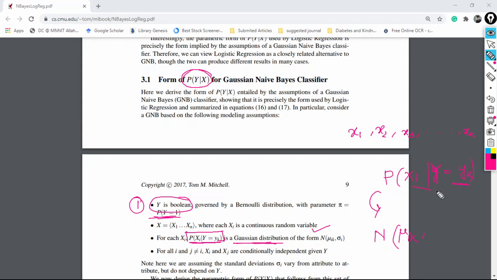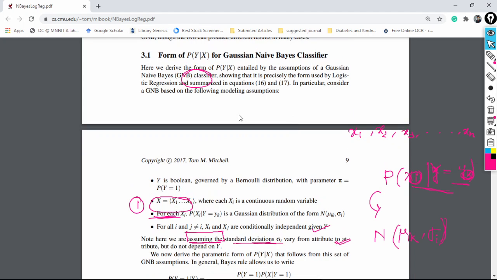So for the ith feature and k classes, we denote the mean as mu ik, and the variance as sigma i. And all the xi are conditionally independent. This we have already seen when we read the naive Bayes classifier; we have seen this type of assumption there.